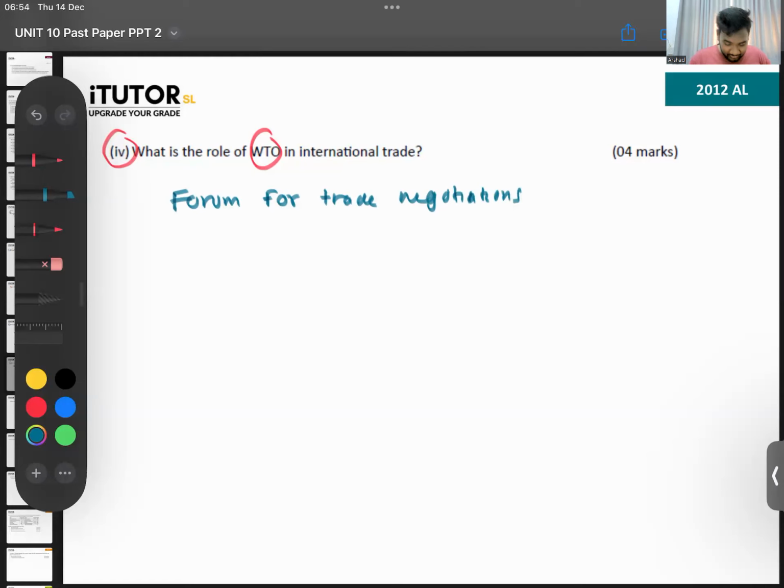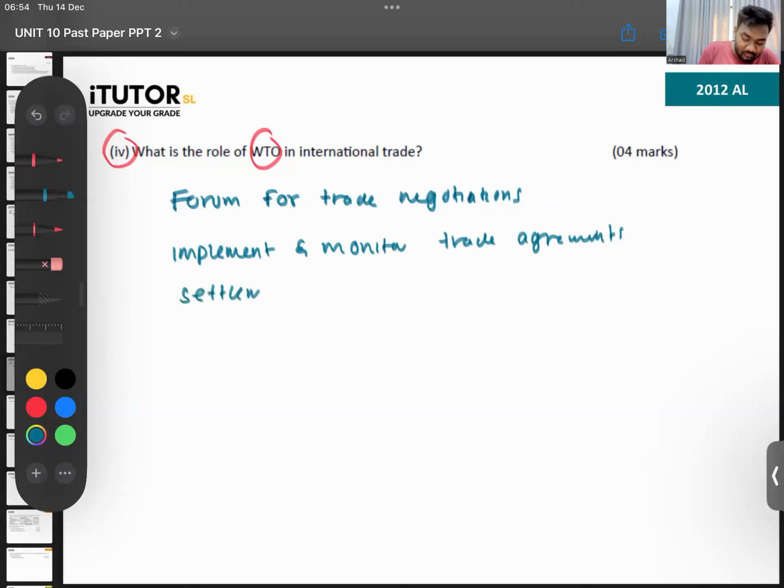Then they implement and monitor trade agreements. Then settlement of trade disputes. Anything else?